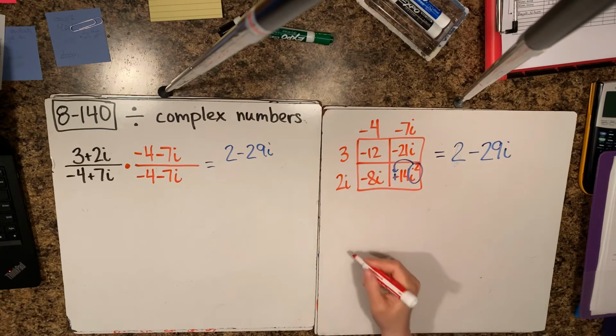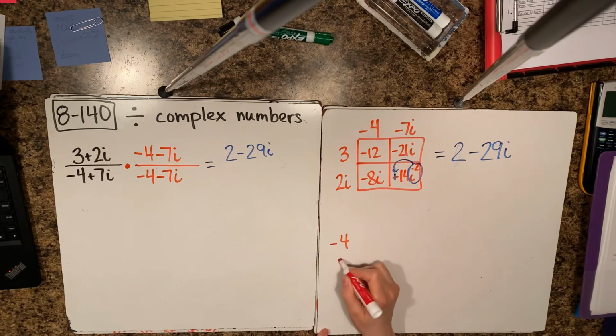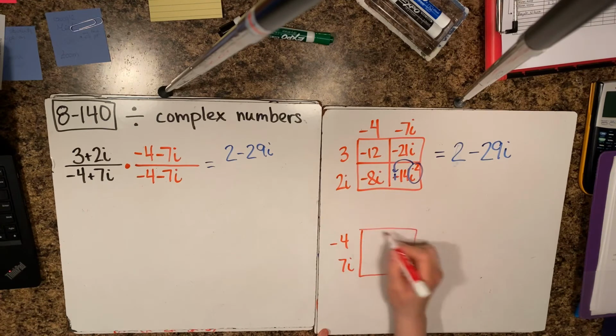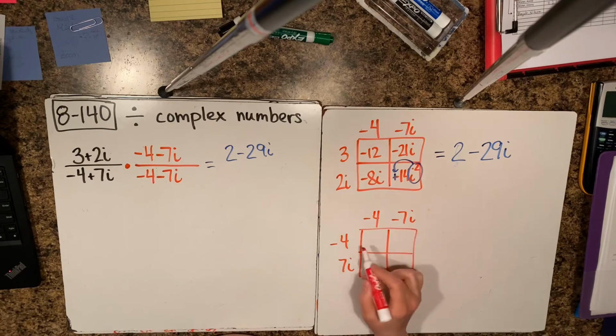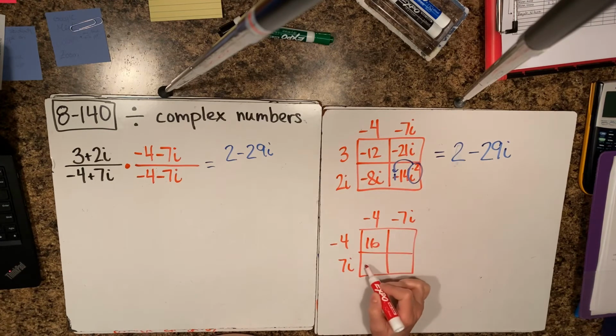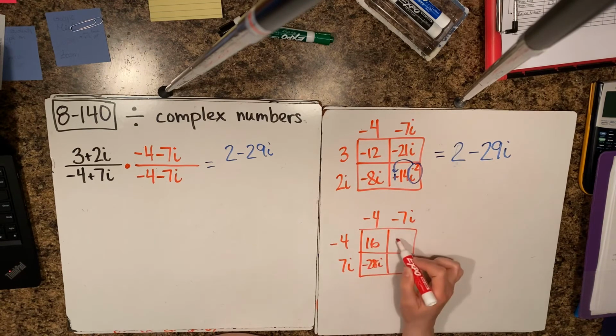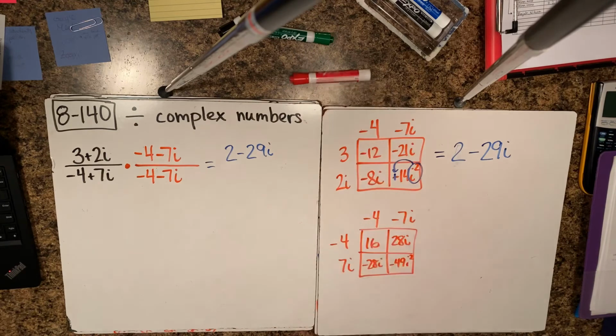Okay, I have -4 plus 7i, and I have -4 minus 7i. Okay, and use my generic rectangle, -28i, +28i, -49i squared.